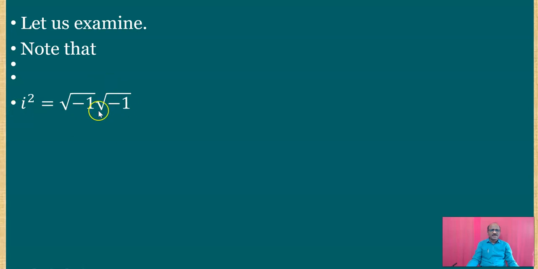It can be written as i into i. But i means root of minus 1, and again this is root of minus 1. If you take them in the same root sign, then by using the laws of indices we can write this as minus 1 into minus 1, that will become plus 1.